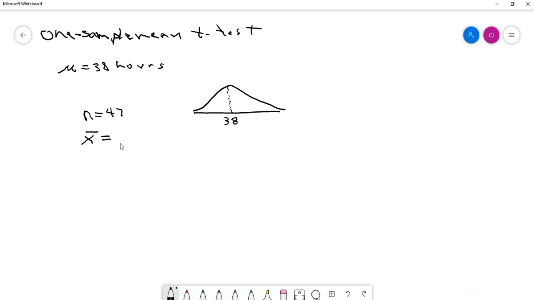The new average is 37.5, and the sample standard deviation is 1.2. This is our sample data.